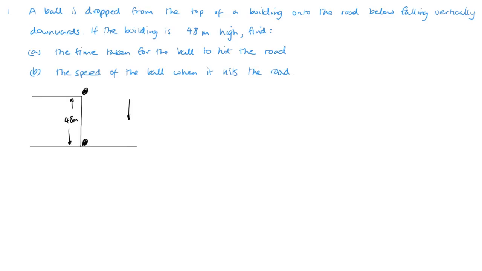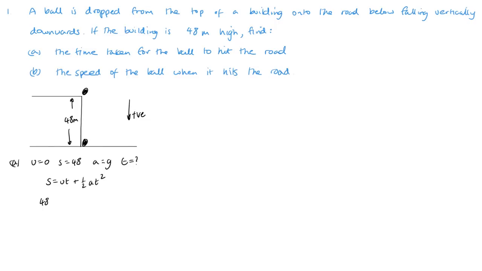I'm going to take down as the positive direction. Okay, so u in this case is 0. s is 48. a is g, a positive g, and we want to find t. So that means we're using s equals ut plus half at squared.